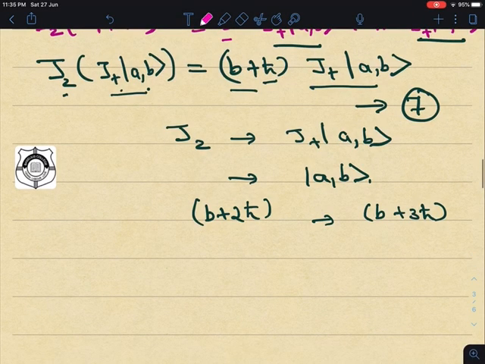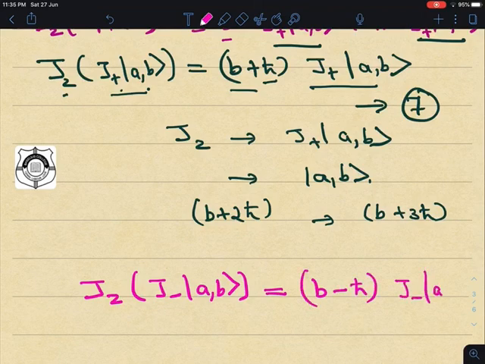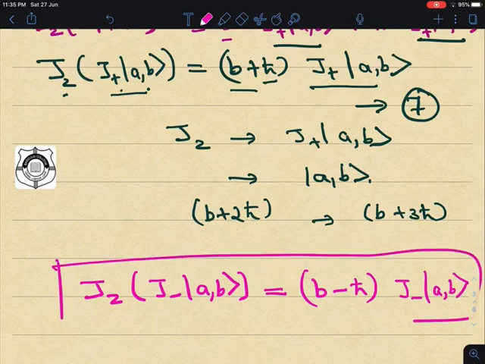Again, you just work out Jz acting on J minus ket ab, and you should get b minus h cross times J minus ket ab.